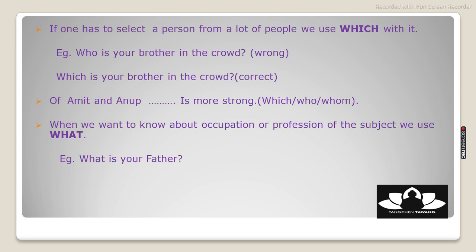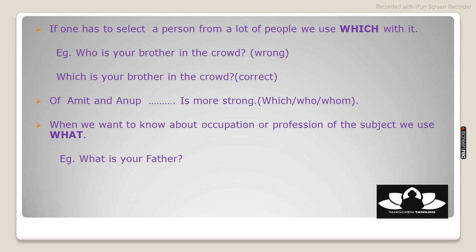Again, when we want to know about the occupation or profession of the subject, we use what. We use what in case of exclamation, when we want to express a sudden feeling: what a lovely, what a beauty.